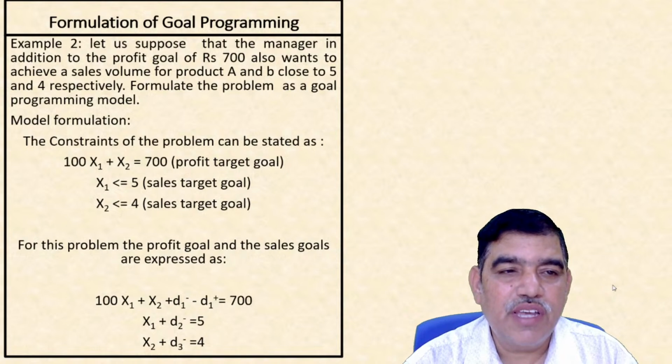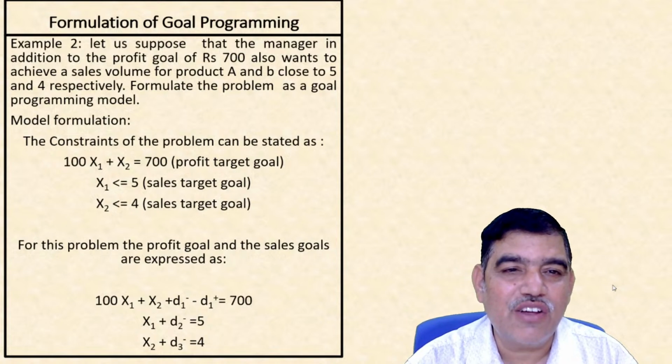In the previous example, we had one constraint, one target goal, profit. But in the second example, we add another constraint, that means another objective, to achieve a sales volume for product A and product B close to 5 and 4 respectively.